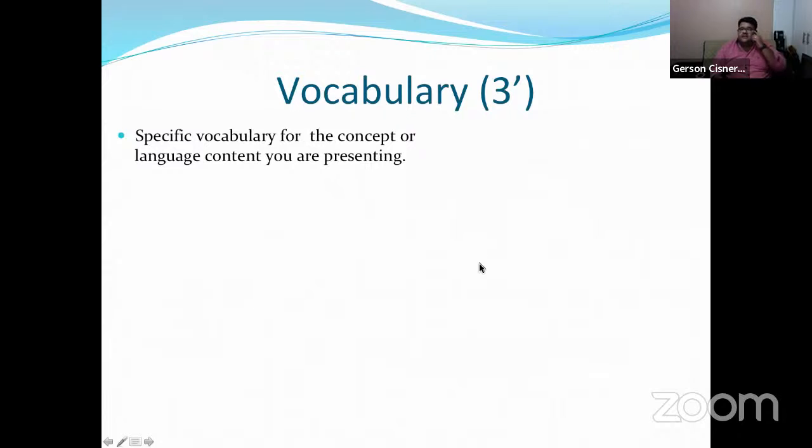Then you move to vocabulary, maybe a specific vocabulary of hobbies, habits, smoking. You know, a specific vocabulary of the topic that you're talking about.